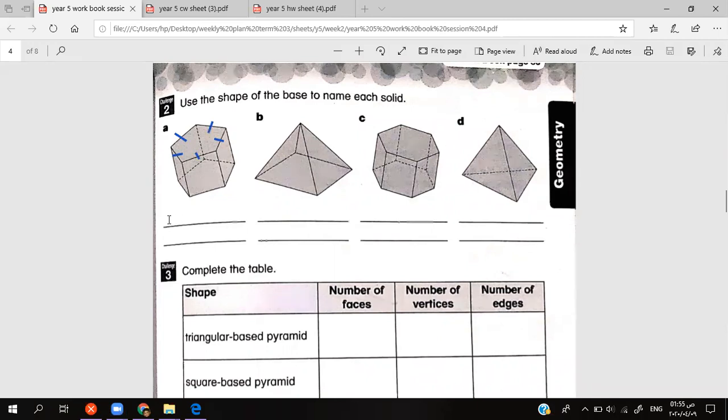So this is a pentagonal prism. And here, let's count. 1, 2, 3, 4. It's a square. So this is a square pyramid.